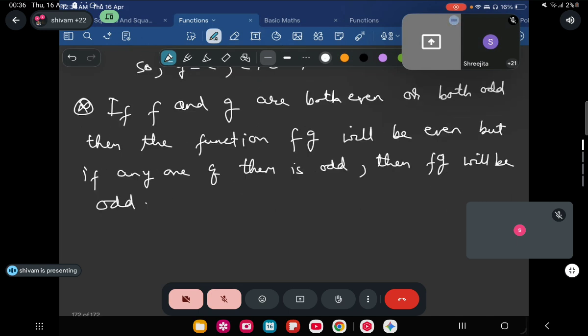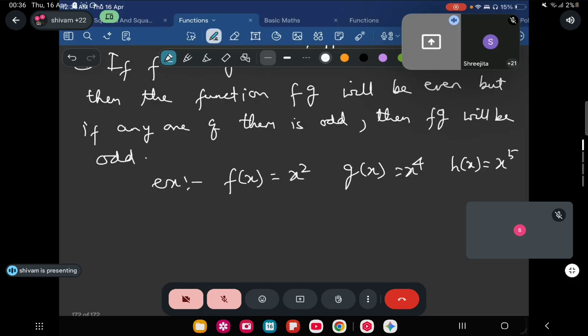For example, take f of x is equal to x square, g of x is equal to x to the power 4, and h of x is equal to x to the power 5. Tell me, everyone, what is f into g? Both are even. f into g is equal to x to the power 6.